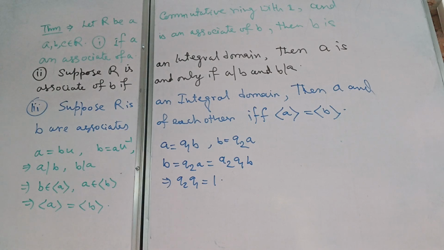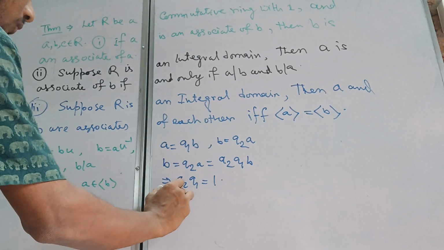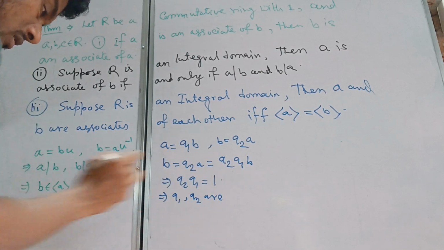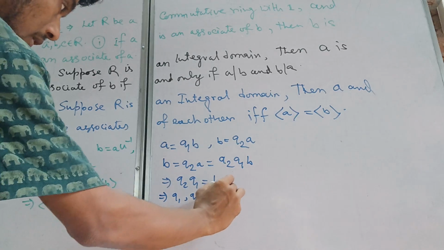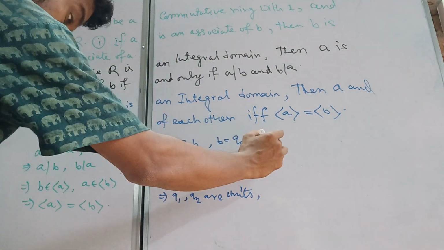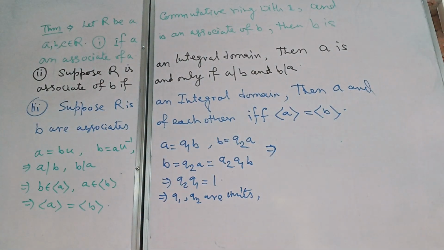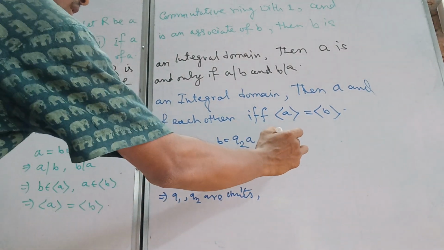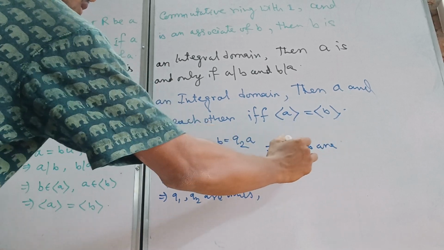Then we see that Q1 and Q2 are units, and this implies that A and B are associates.